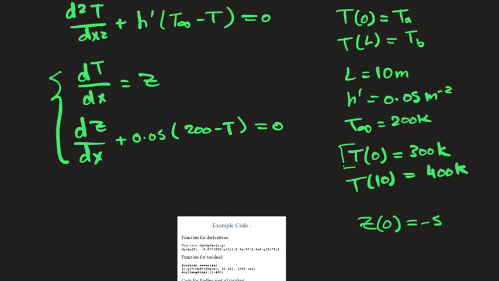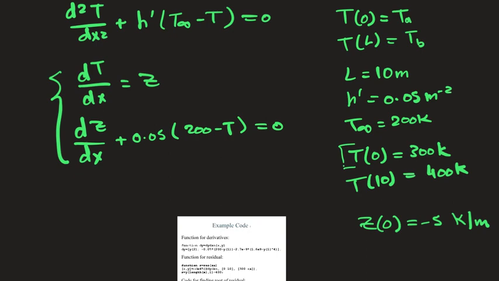Don't forget that z is dT by dx, so the units of this are temperature with respect to length, Kelvin per meter. It's the rate of change of temperature as you go over the length. So assuming that this is the initial value, now you can go and solve this. How would you solve this?